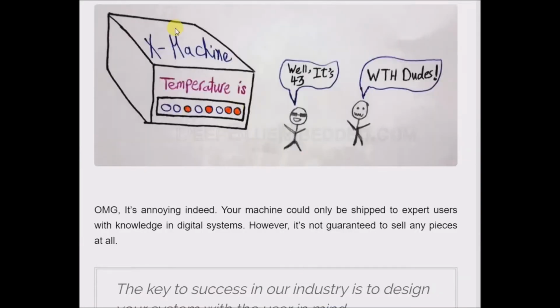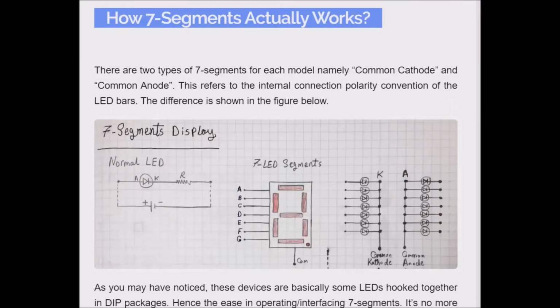X machine temperature is, I guess there's 1, 2, 3, 4, 5, 6, 7, 8 LEDs. Well, it's 43. It's annoying indeed. Your machine could only be shipped to expert users with knowledge in digital systems. However, it's not guaranteed to sell any pieces at all.